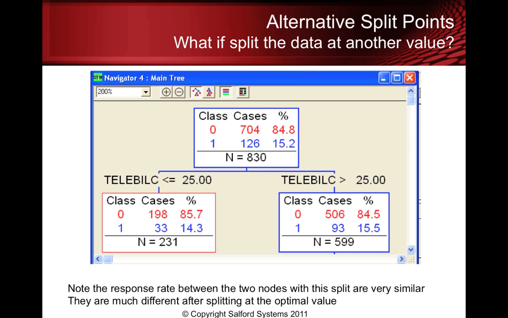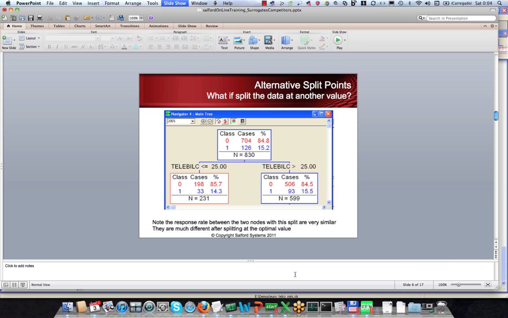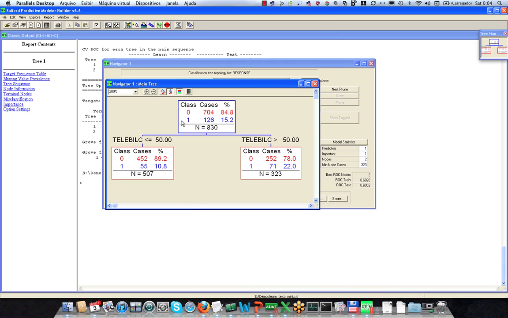Now, what would have happened if we had split that root node at a different value? Well, we can actually arrange for that. And we can arrange for that in the software by going to the Force tab.